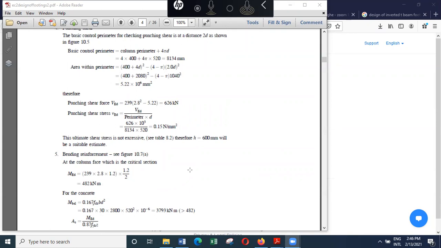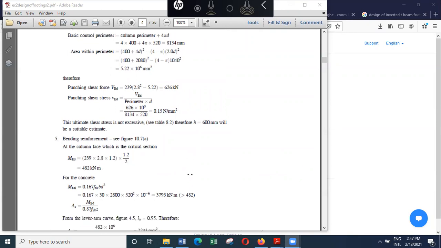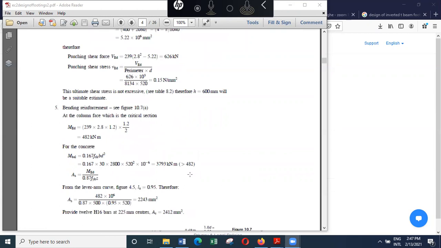And one thing that happens in this kind of thick bases is most of the time the lever arm Z is 0.95D. So we know how to calculate the lever arm, and it's 0.95D. If the lever arm is 0.95D, we can calculate the reinforcement. And once you know the reinforcement, we have to make sure that this is greater than the minimum reinforcement needed. But let's assume that this reinforcement is okay.